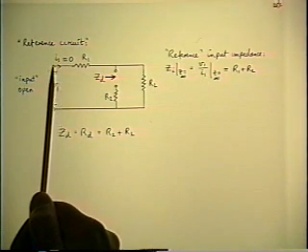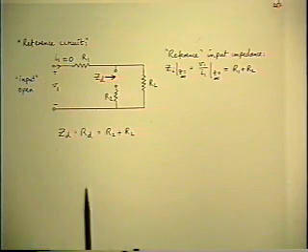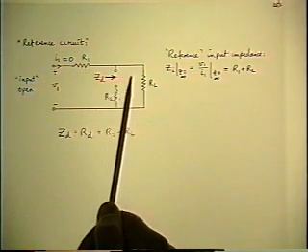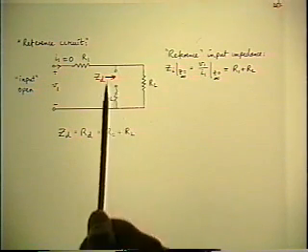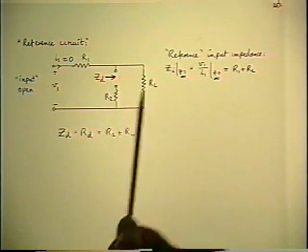So when I1 is 0, R1 is dangling, doesn't do anything, and the driving point resistance is simply the resistance looking around that loop, which is R2 plus RL.